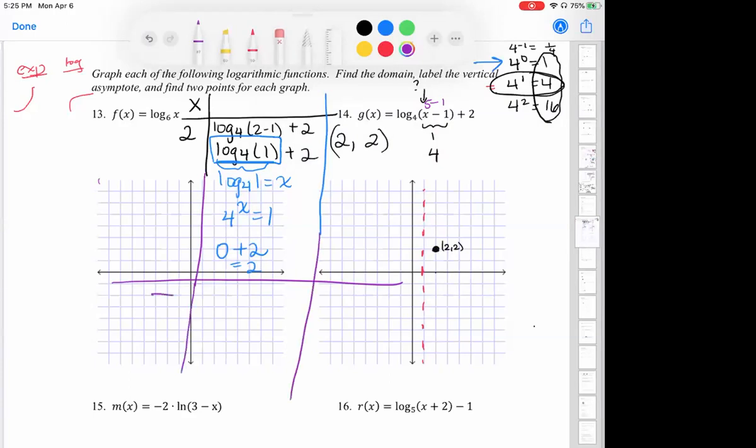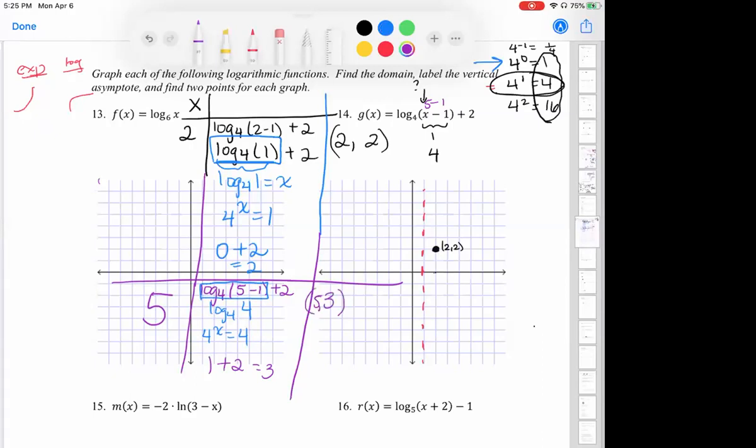Then we have log base 4 of (5 minus 1), plus 2. 5 minus 1 is 4, so I have log base 4 of 4. What we're thinking is, 4 to what power gives us 4? When we evaluate this part, we get 1. So I'm left with 1 plus 2, which is 3. So I have the point (5, 3).